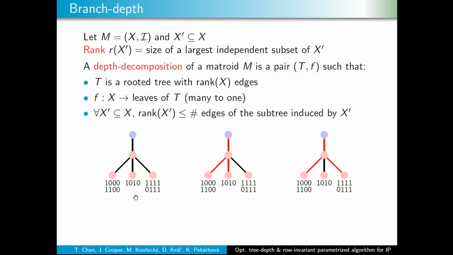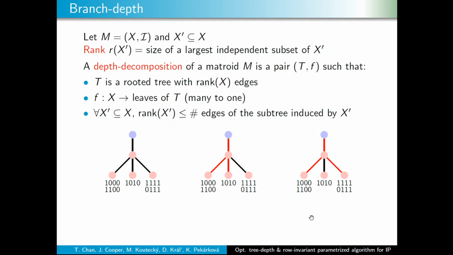So let's have a look at the tree in the middle. The rank of the vectors assigned to the leaves of the red subtree in the middle is 3, and there are 3 edges in the red subtree. So the rank inequality holds. And you can actually check for the other subtrees that the rank inequality holds as well.